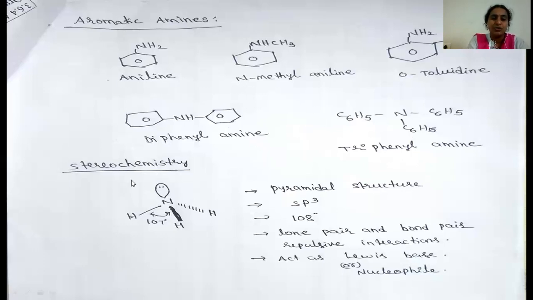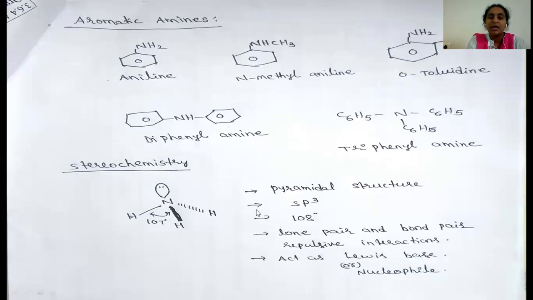And coming to the stereochemistry of ammonia or any amines, generally the nitrogen contains one lone pair of electrons and can make bonds with 3 alkyl groups or 3 hydrogens. So here the hybridization is sp3.